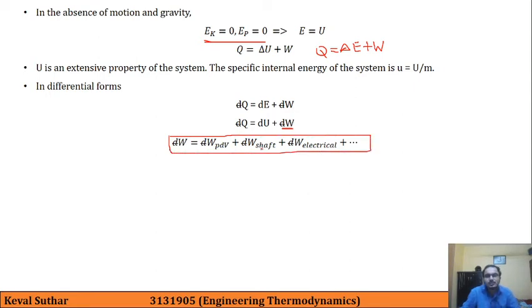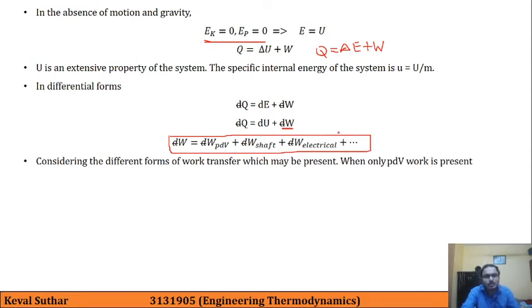So we can write down in this way. Here we have considered different forms of work transfer which may be present. However, when only PdV work is present, we can neglect this other work transfer. So d cut W is equal to d cut W PdV.